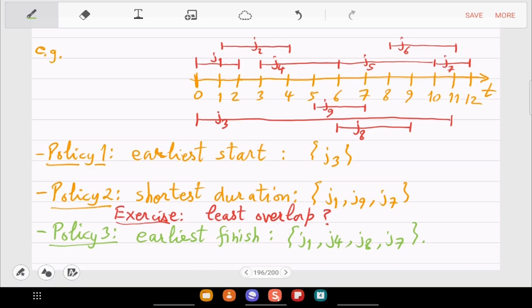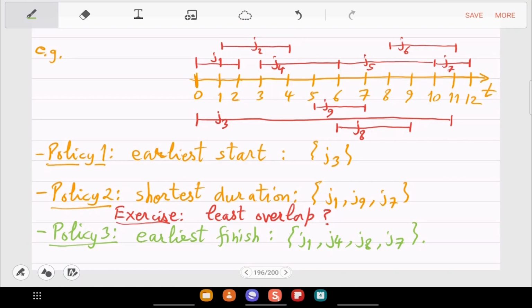You are changing the example to what? Between 9 and 10, okay. Taking J5, okay, fine. Yeah, but you can change this obviously in infinitely many ways, but for some reason this policy 3 will always work.